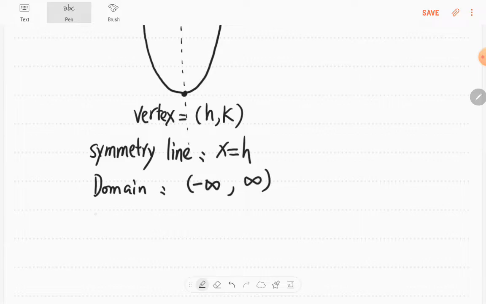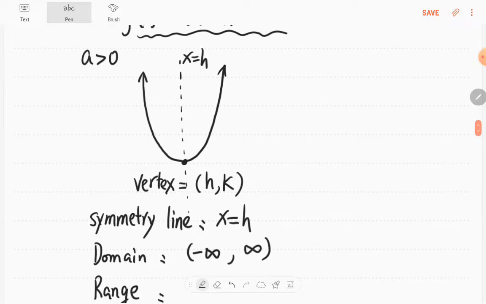What is the range? The range is the y values or the function values, which is the y-coordinate of this curve. If this is the y-axis, then the lowest point is k. Below k, there is no point on the curve corresponding to it. In other words, for all values greater than or equal to k, there is a point corresponding to it.